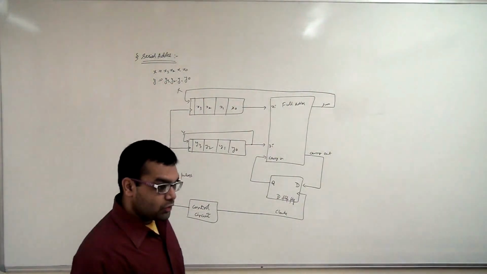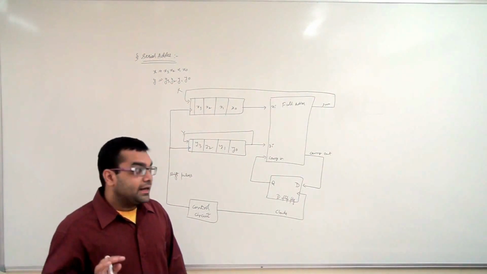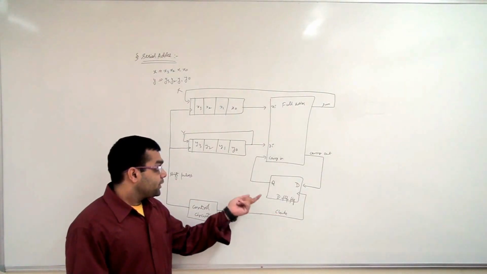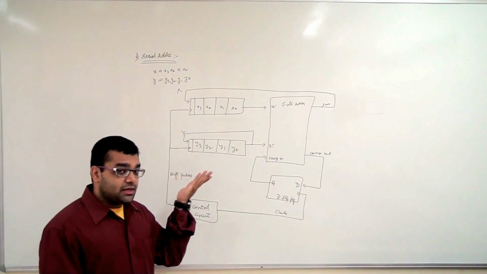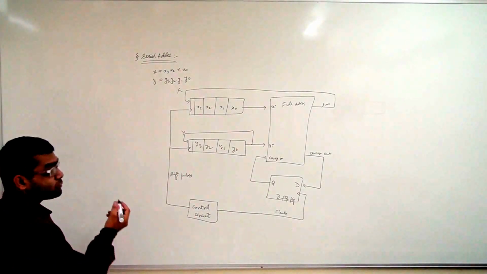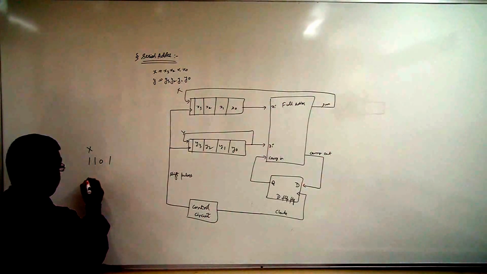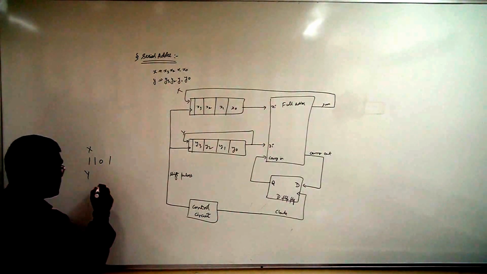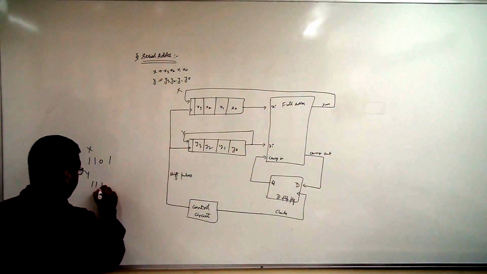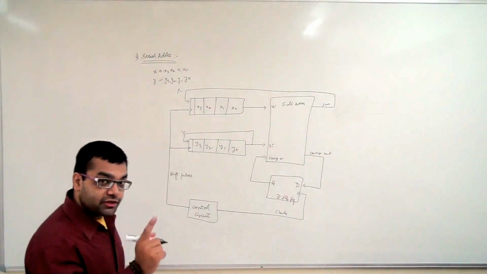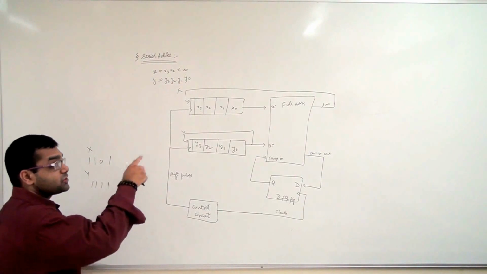Done? Okay. Now the basic idea is, how does this work? Let us understand the working with an example. Suppose we have x and y. In the first clock cycle, these inputs are fed like this.